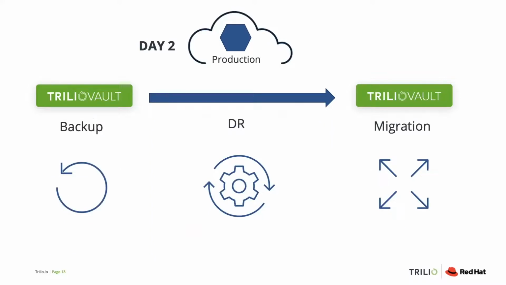And then finally, the use cases that data protection products are typically known for: application backup and recovery, and multiple application backup and recovery through disaster recovery planning. And thinking of the business leaders who are concerned about cost, migrations from one platform or one on-prem environment into the cloud environment, and vice versa, can be achieved as well.